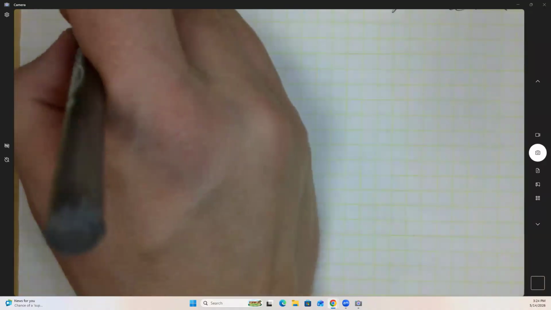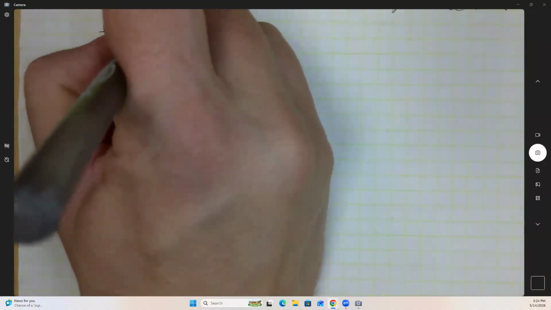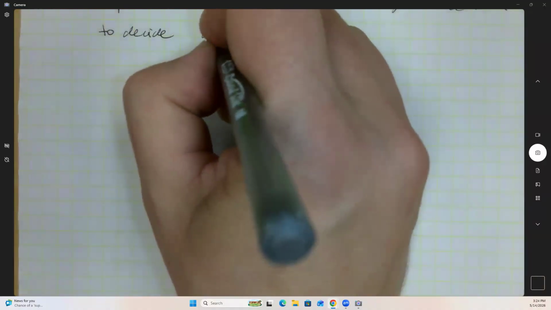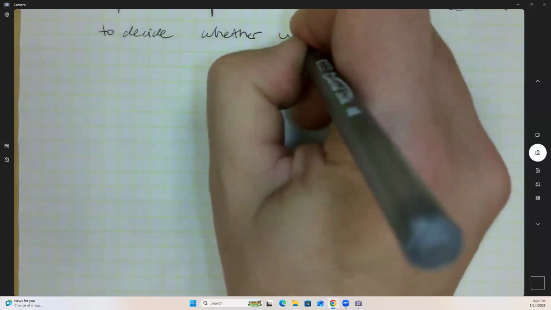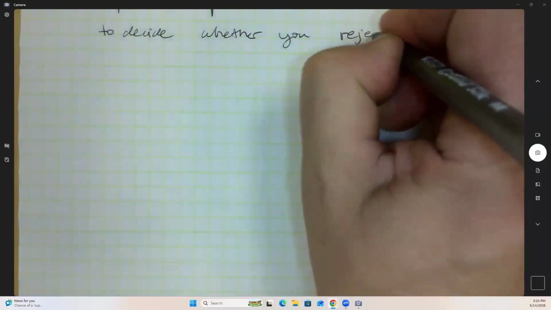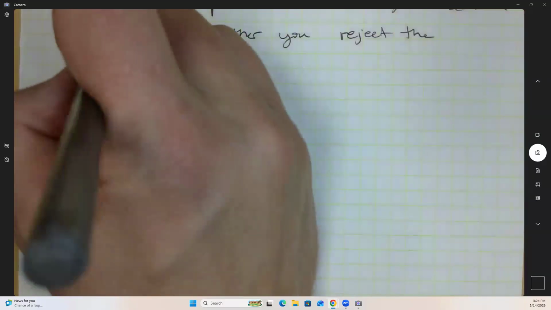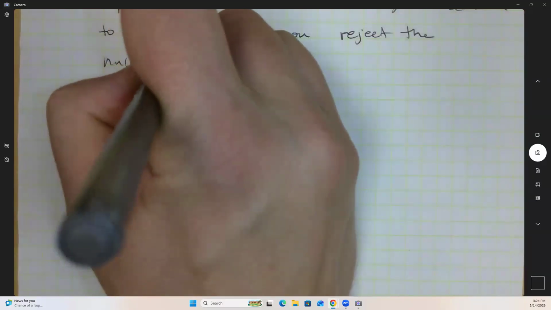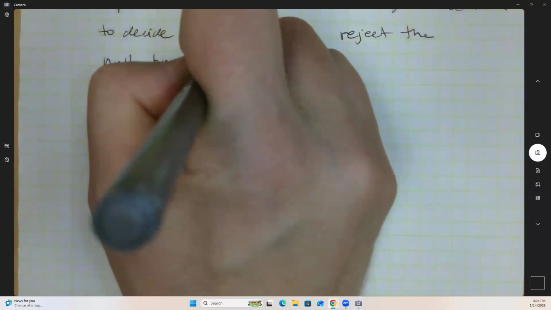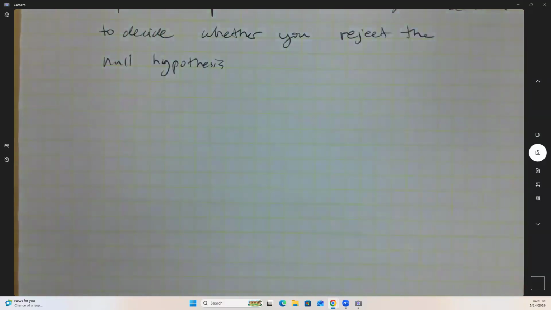7 is to compare the p-value to the significance level to decide whether you reject the null hypothesis, like how Dorothy did, where she said, I have a feeling we're not in Kansas anymore. Sorry.